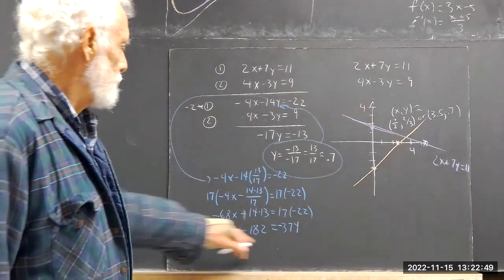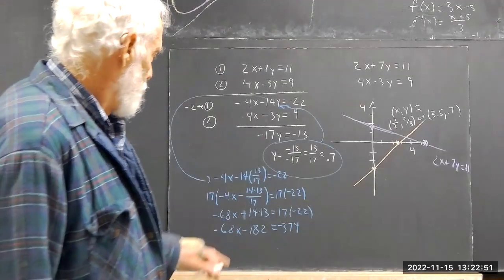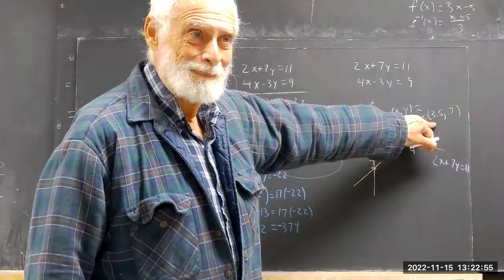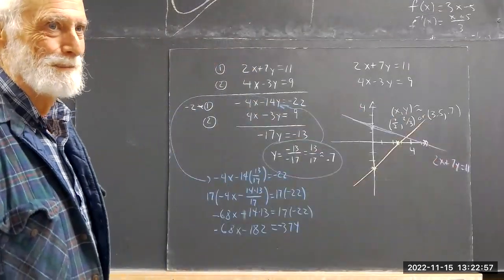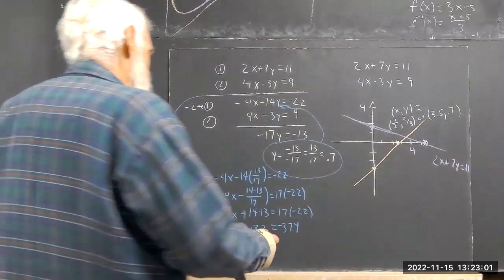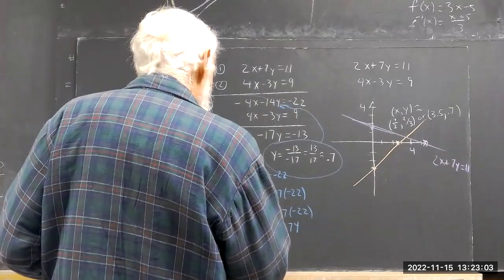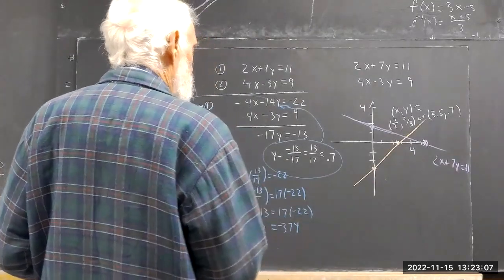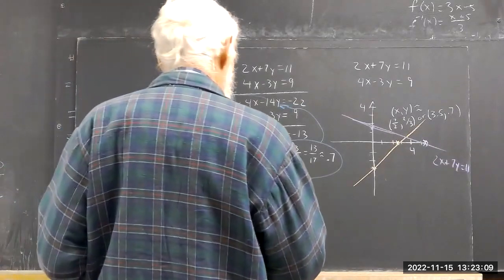Okay, so at this point, it's totally obvious that x is going to come out pretty close to 3.5, right? Well, no, numbers are too good. We get -68x. And of course, I'm going to add 182 to both sides.